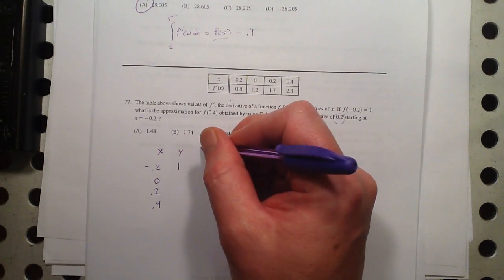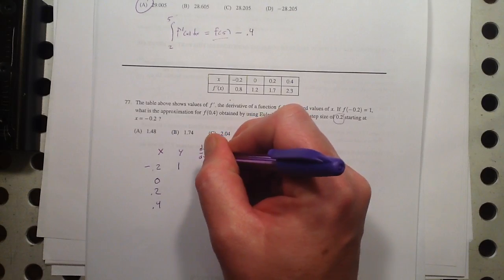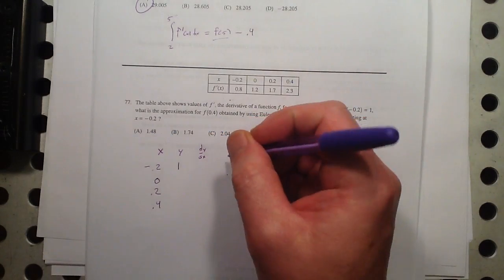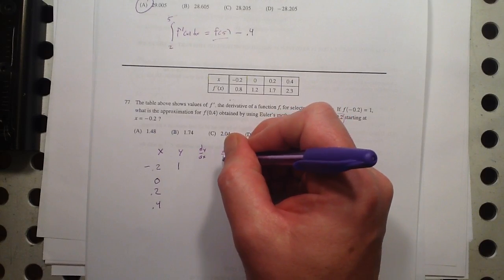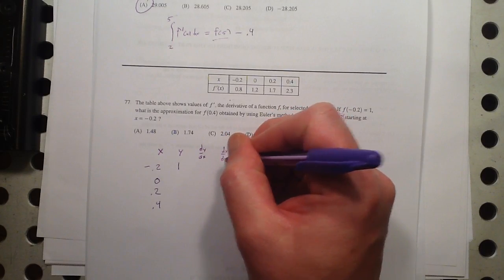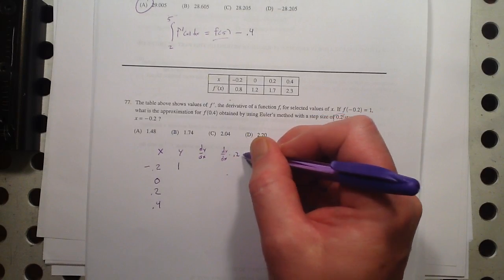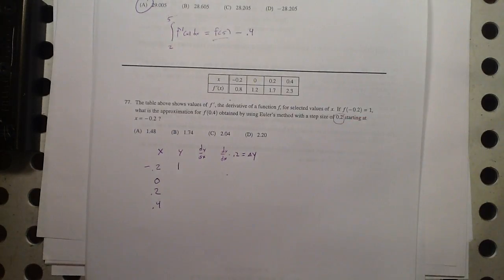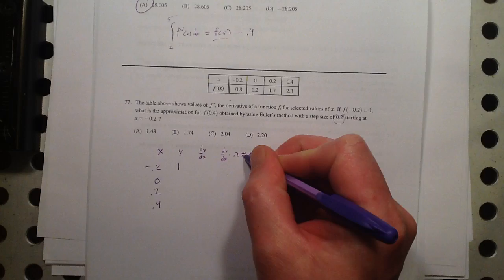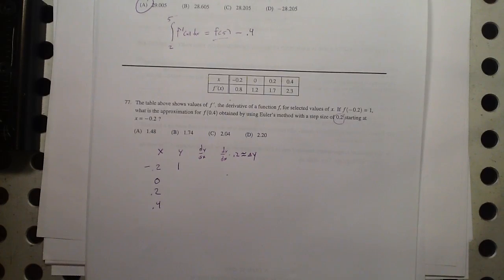So to do this, I need to find dy/dx, and then I need to do dy/dx times my step size, which is 0.2, because that gives me my delta y. That's my approximation for delta y.